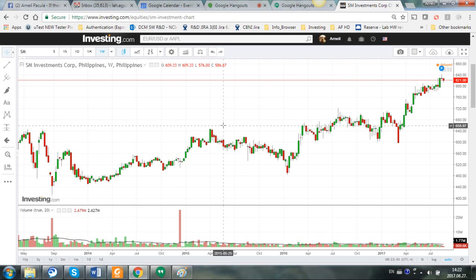Without even checking any financial statement, we can say that SM is really a good company, right? Kasi mga Pinoy talaga, SM is about malls, right? Alam mo naman, mga shopping centers. So, itong industry na to about malls, shopping, it's a very, very good business in the Philippines kasi yung mga Pinoy are really good consumers.